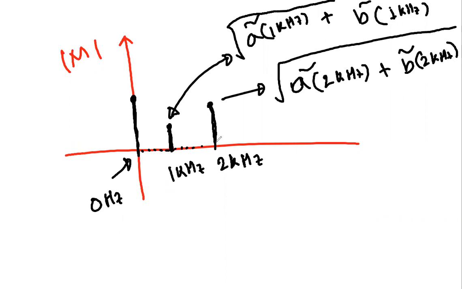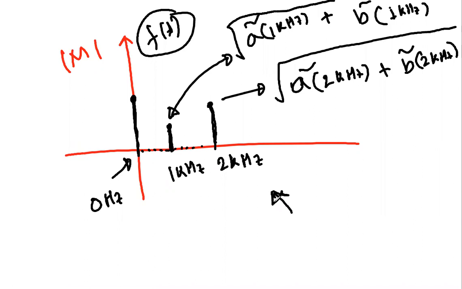It gives this value. If this is the magnitude spectrum of an unknown signal f(t), can you tell me what frequency components you have inside f(t)? If this is the magnitude response of f(t), the answer is 0, 1, and 2 kilohertz. Yes, 0 hertz, 1 kilohertz, and 2 kilohertz.